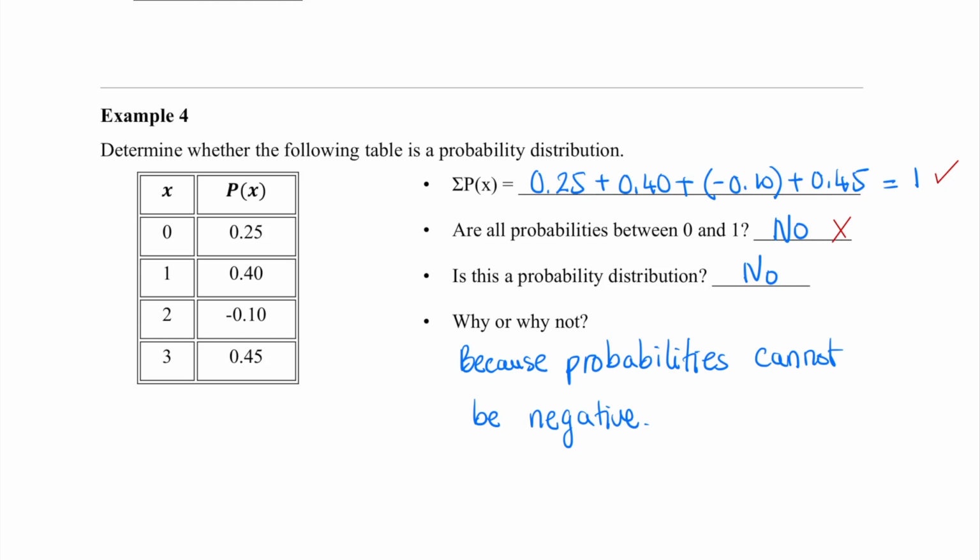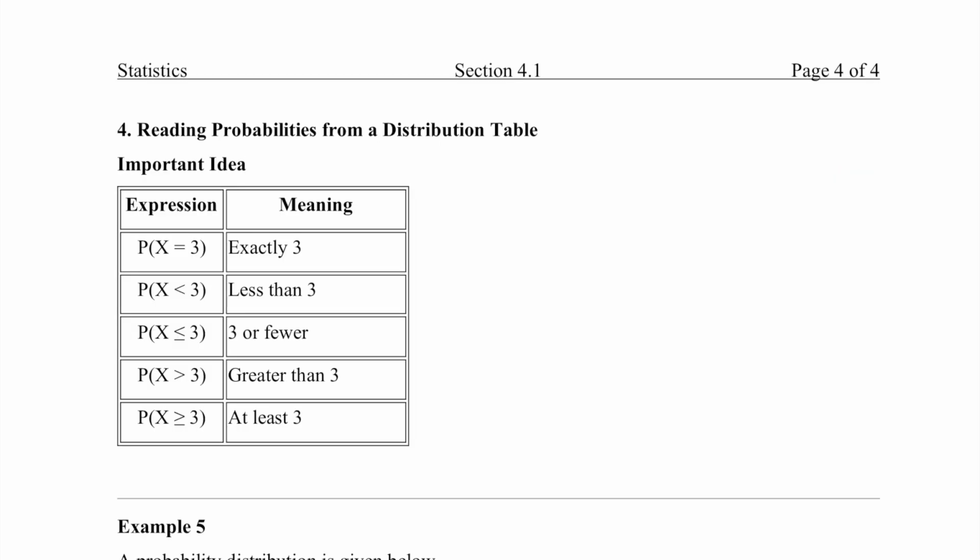Now, let's learn how to use a distribution table to calculate probabilities. When working with probability distributions, you often see probability statements that use symbols such as equals, less than, or greater than. Let's review what each expression means. P of x equals 3 means the probability that x is exactly 3.